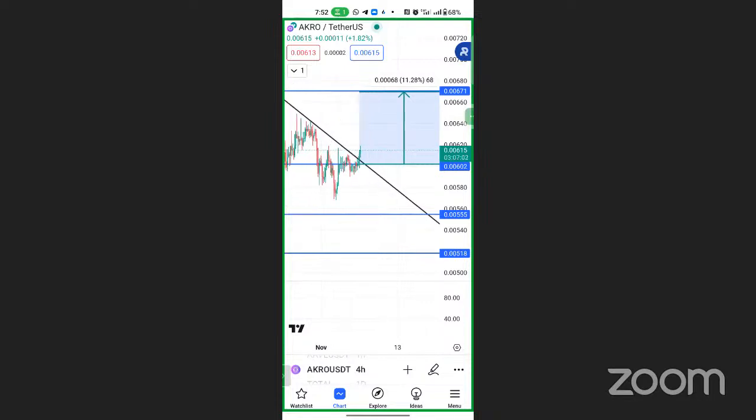A descending triangle. Macro is now uptrend. Let me return it back to 1 day.